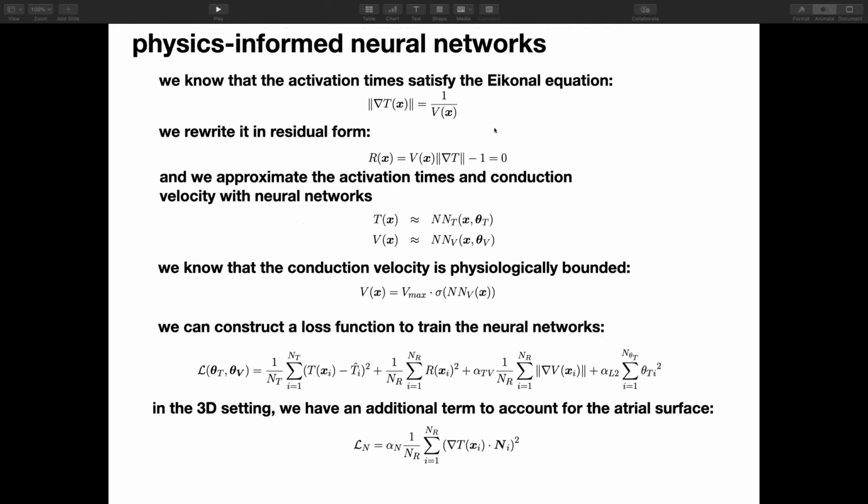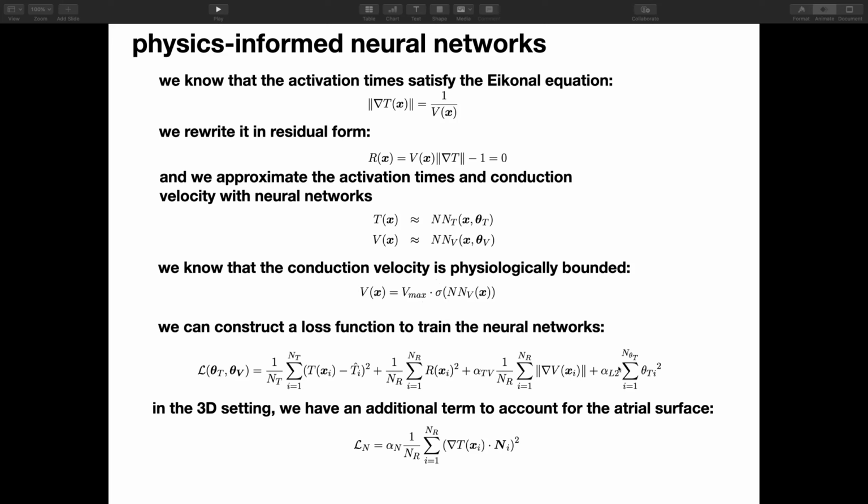To put this more formally, we know that the activation time satisfies the eikonal equation. In this case, it's just an isotropic eikonal equation. Then we rewrite this equation in a residual form. And then we say that the activation times and the conduction velocities are represented by neural networks. We also make the conduction velocity bounded between 0 and a maximum conduction velocity, because we know it cannot be negative, and for physiological ranges it cannot be above certain values.